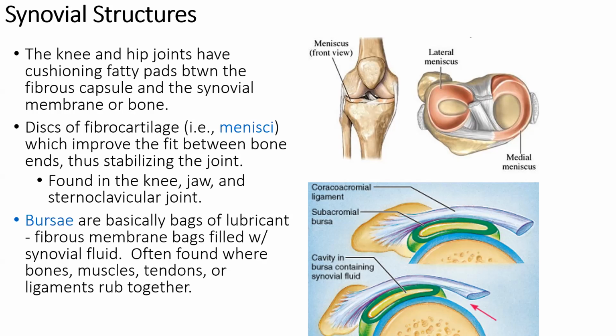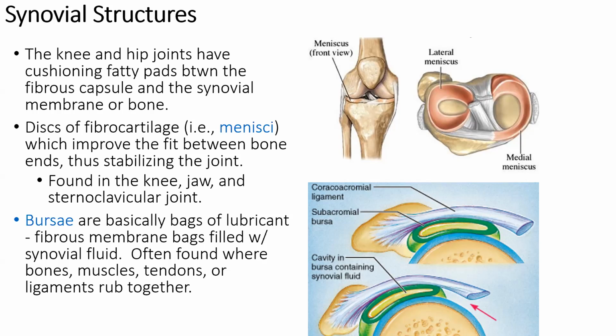This fibrocartilage is going to stabilize and cushion our joint. We have these menisci at our knee, at our jaw, and at the sternoclavicular joint, where the clavicle and the sternum come together at the clavicular notch. There are pads of cartilage right in there.